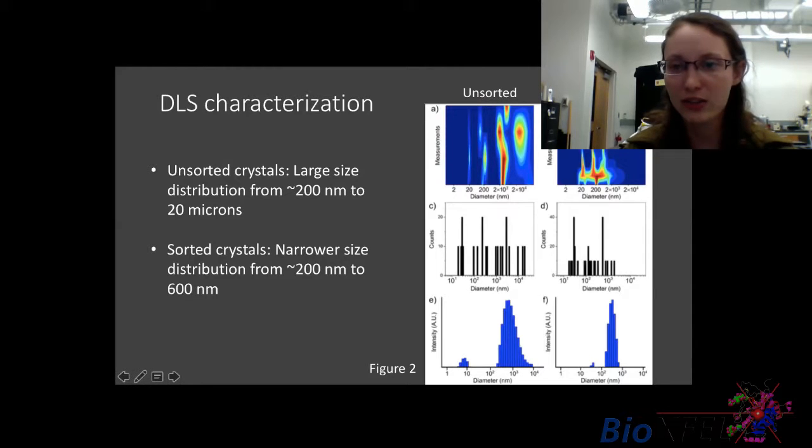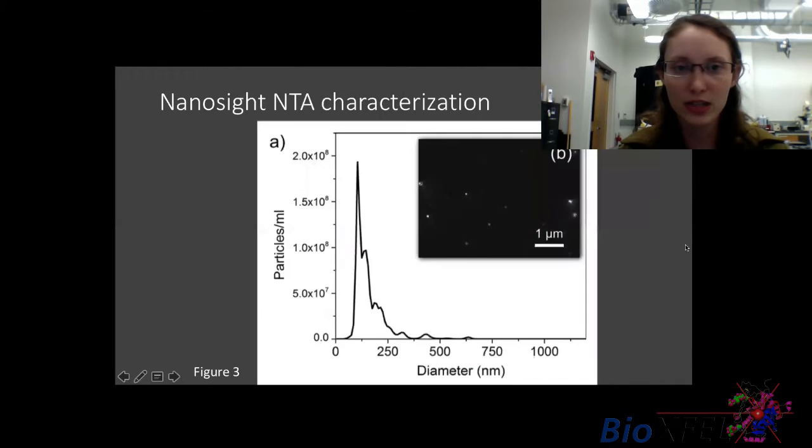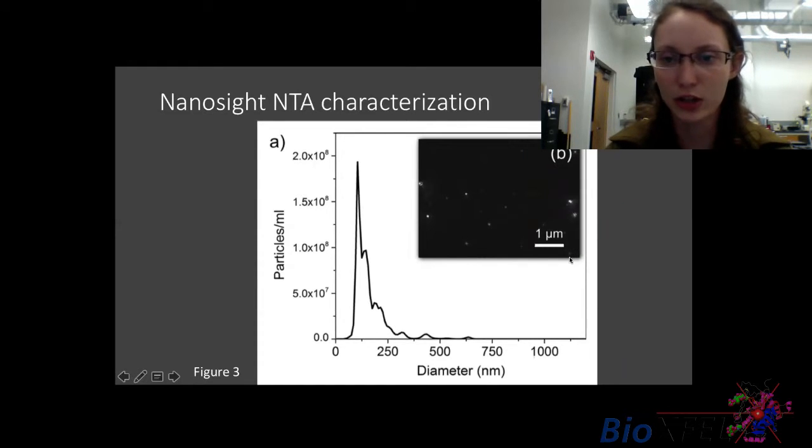And sure enough, the size distribution is significantly narrower. These are in the 200 nanometer up to about 600 nanometer range. So it looks pretty good. They also did some characterization by Nanosight, which is nice because you can actually visualize the particles. This is their sorted sample, and as you can see, they're all quite small. Again, agreeing with what we saw from the DLS, the size range is smaller than about 600 nanometers.